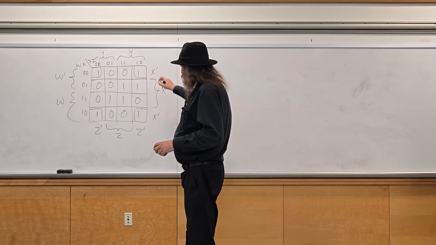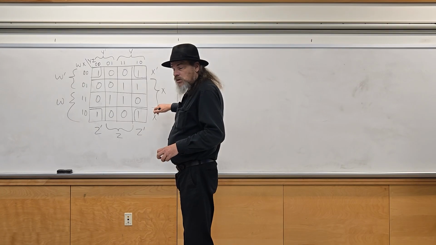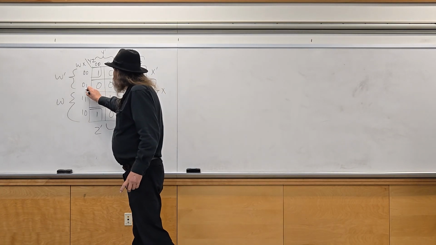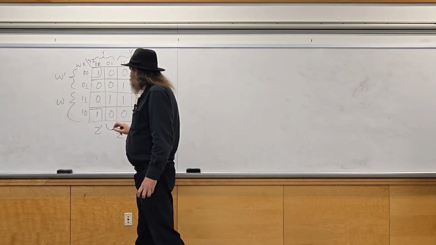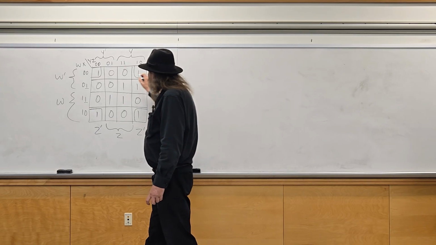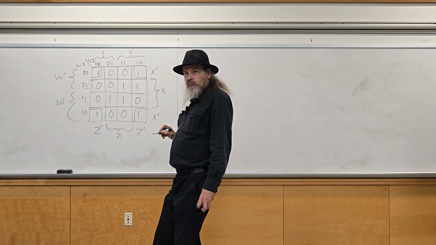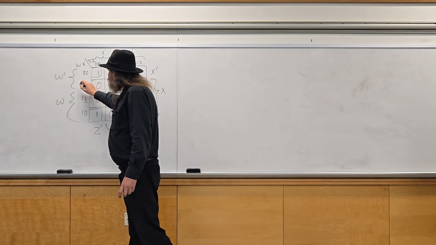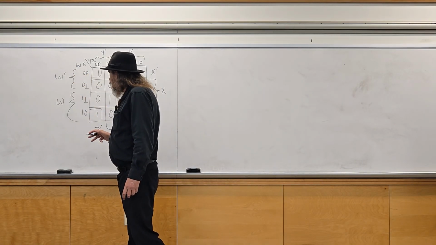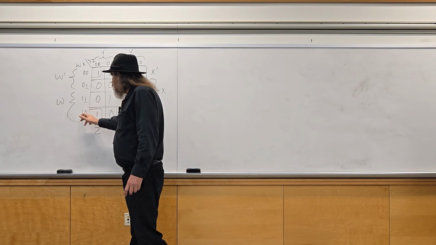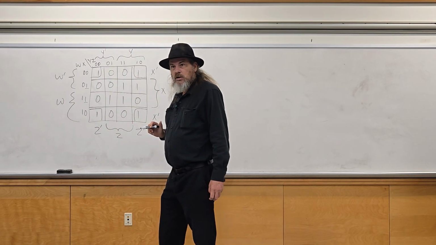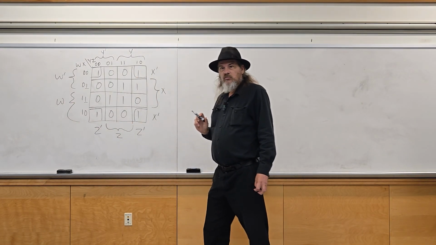Oh, where these go? The rows with 1's are X, and the rows with 0's are X prime. Likewise, 0's for W prime, 1's for W. Make sense?